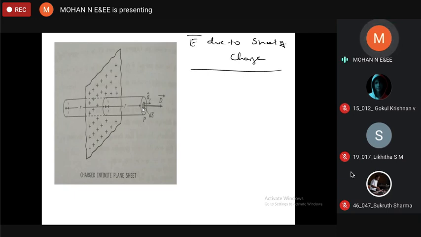So r is the length which is symmetrical on either side of the plane. r is the length of the cylinder, symmetrical on this plane, and we also have P on one side. This surface is your Gaussian surface.